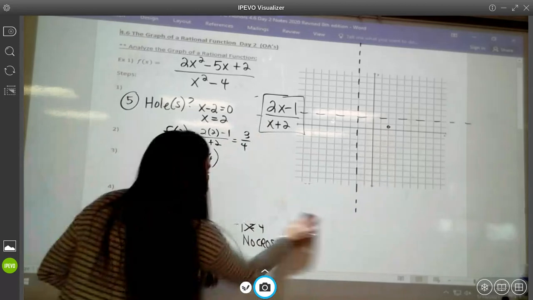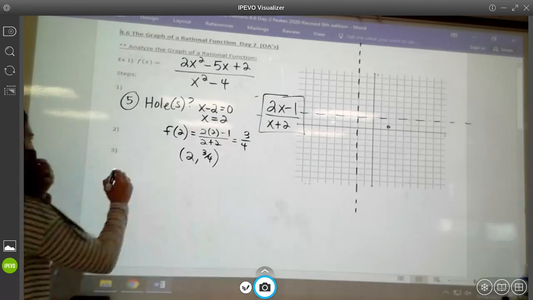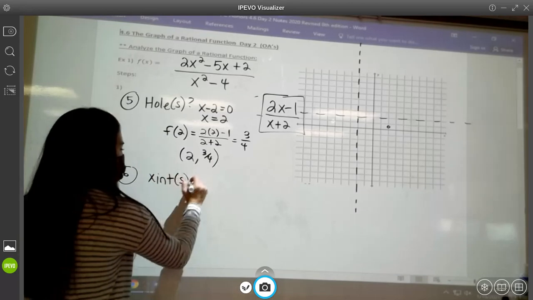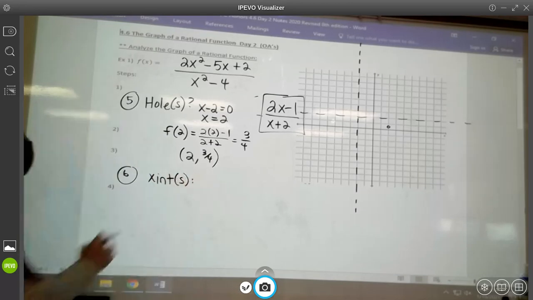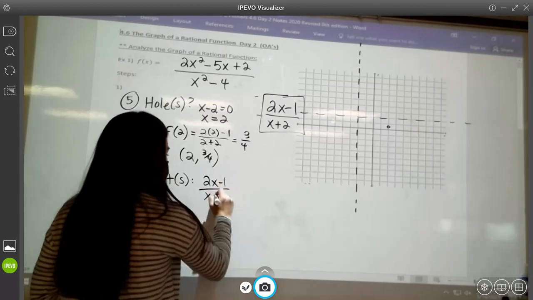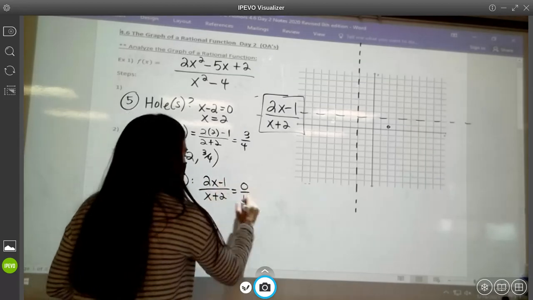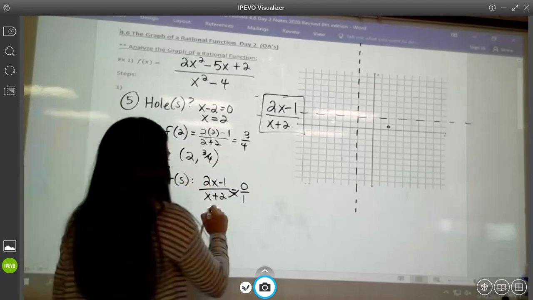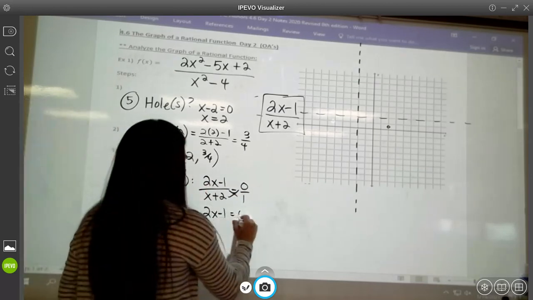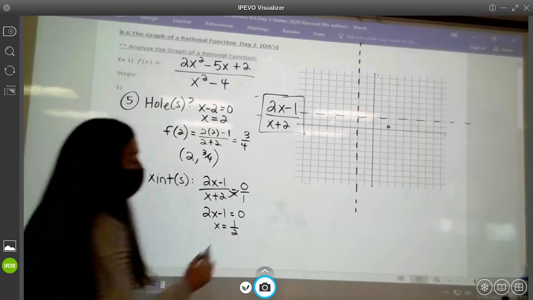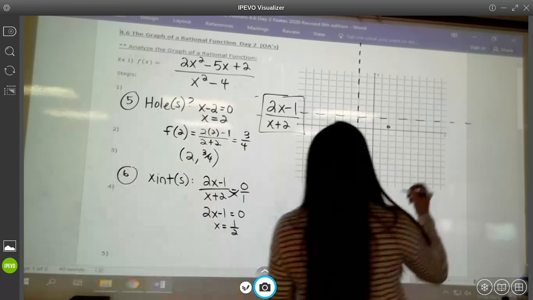All right, now let's get some other legit points, some intercepts. Take the reduced version of the function, set it equal to 0 and solve. But again, once you cross multiply, it's really just the numerator that ends up getting set equal to 0. And then you solve and you find out x equals 1/2. So it'll cross the x-axis at 1/2.